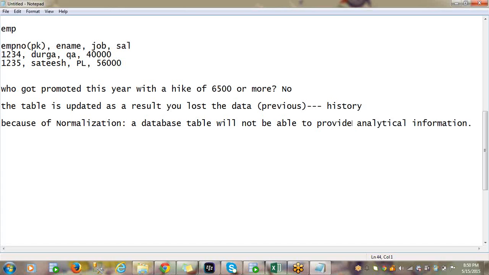Every database, whatever database is used for any application, is used for running the business, right? But when it comes to analysis, it will not be able to give the necessary information. So analysis is more important in order to succeed in a business.